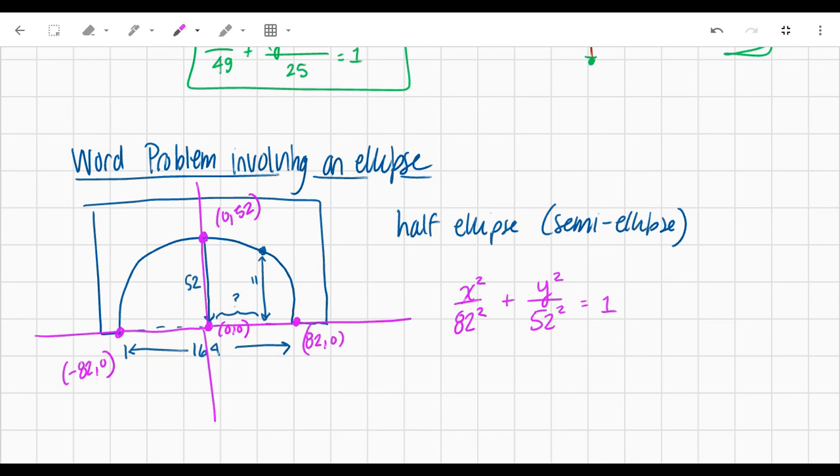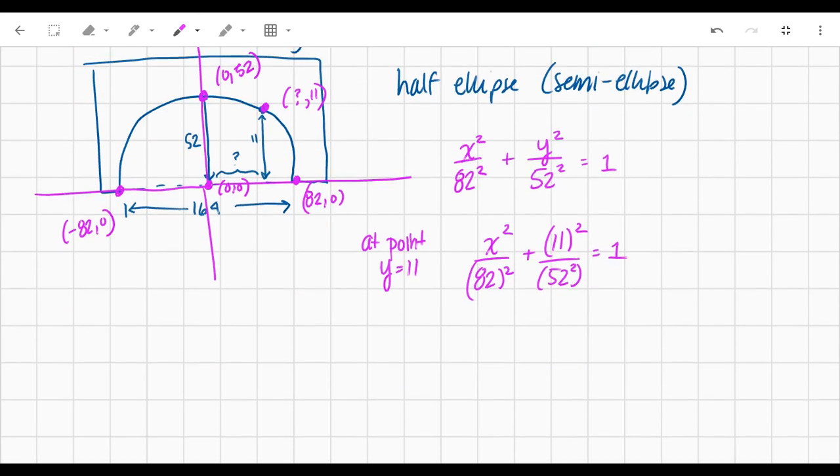So we want to know at this point here, we don't know what x is. That's what we're trying to find, but y is 11. So we can do x squared over 82 squared plus 11 squared over 52 squared equals 1.